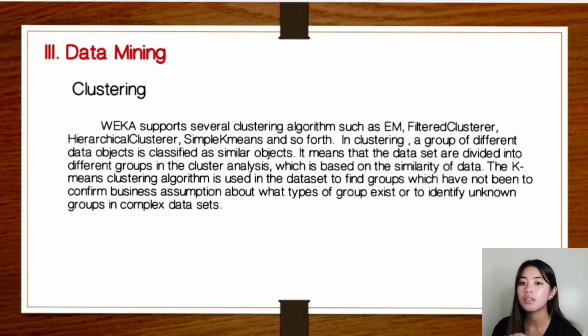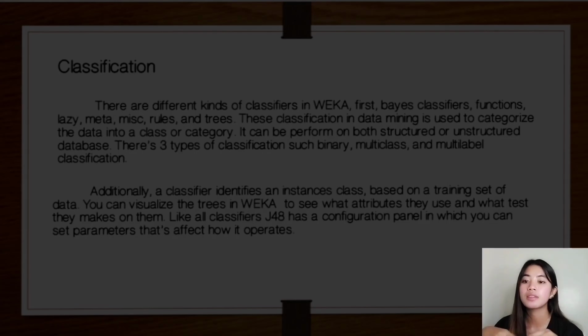It means that the dataset is divided into different groups in the cluster analysis, based on the similarity of data. The k-means clustering algorithm is used in the dataset to find groups which have not been explicitly labeled, to confirm business assumptions about what types of groups exist, or to identify unknown groups in complex datasets.